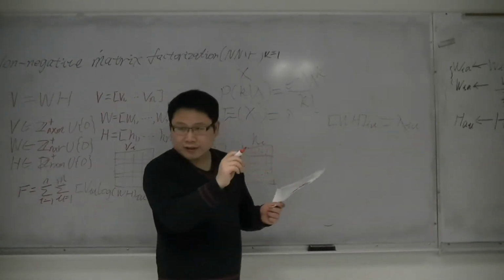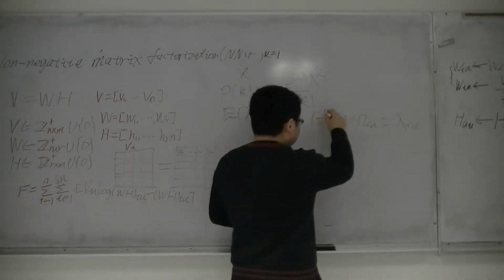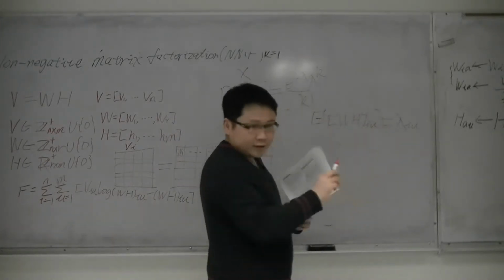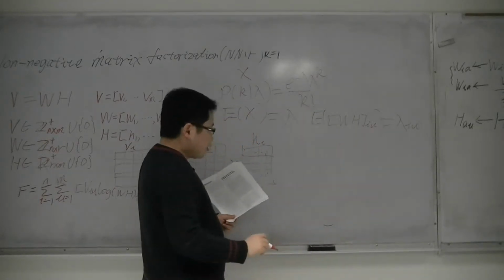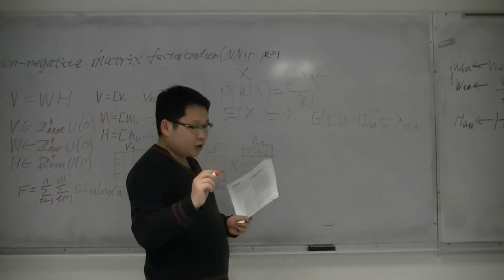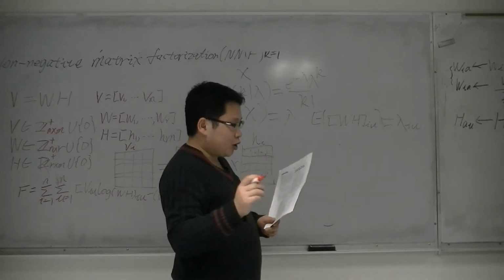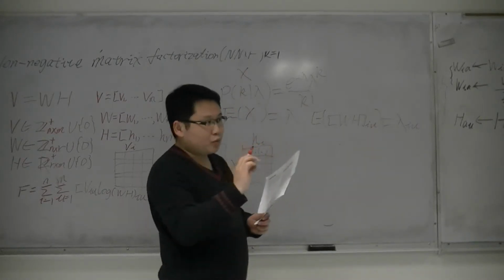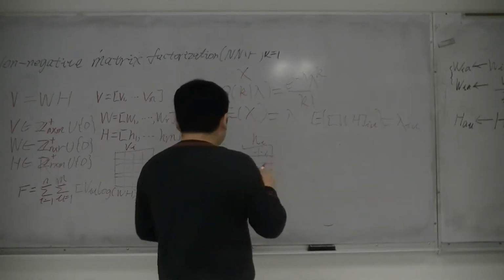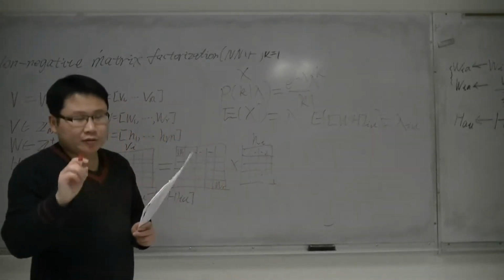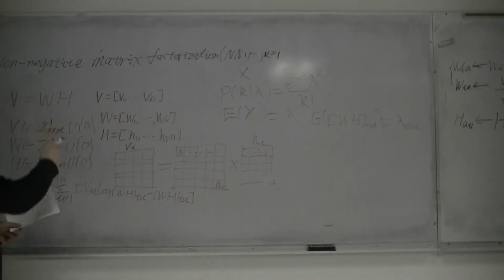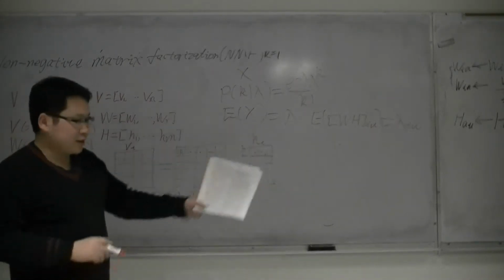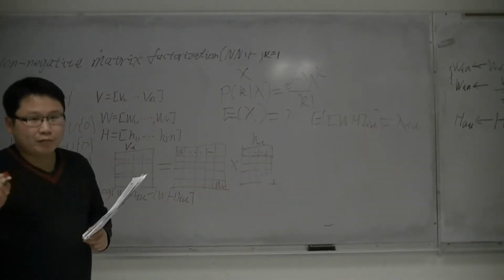This is the distribution, so we can write a lot of Poisson distributions. It's n by m because there are so many elements. So the distribution here is n by m.